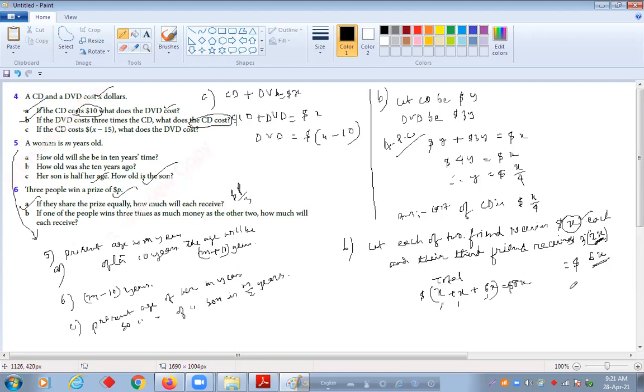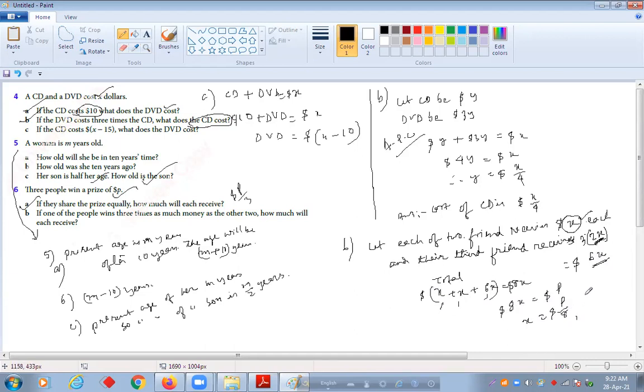So total amount is 8X. Now we'll say that 8X dollars is equal to P dollars. So X is equal to P by 8. First friend received P by 8.